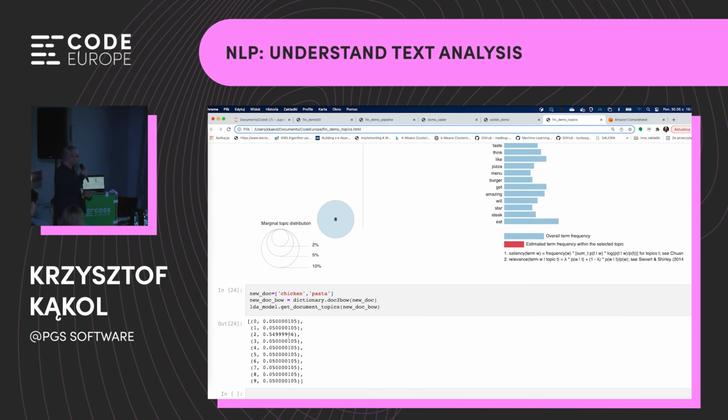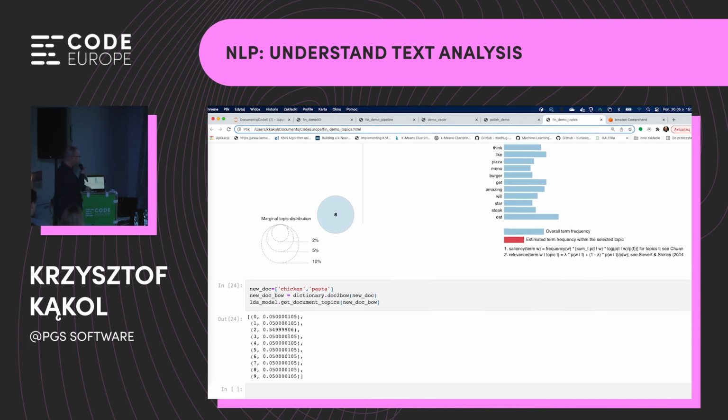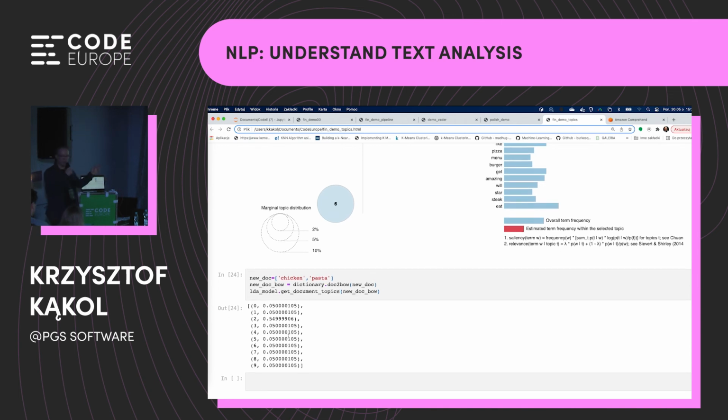And with these 3 lines, or actually 2 lines of code, I'm detecting the topic, and I'm seeing that most probably this is topic number 2, because it has 55% confidence that this sentence belongs to this topic. And because previously I analyzed all of those topics and said topic 1 and topic 3 are about pricing, I can say this sentence is about pricing. Actually, this sentence is completely not about pricing. It's about probably quality of food.